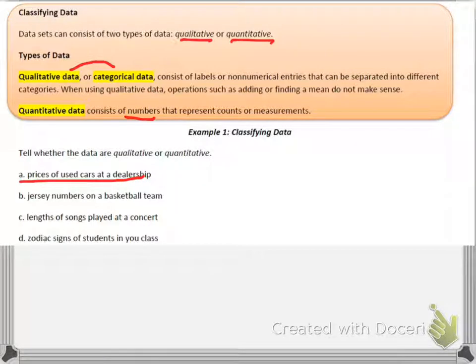A, the prices of used cars at a dealership. Those are all going to take the form of numbers, so this would be quantitative. Next one. Jersey numbers on a basketball team.